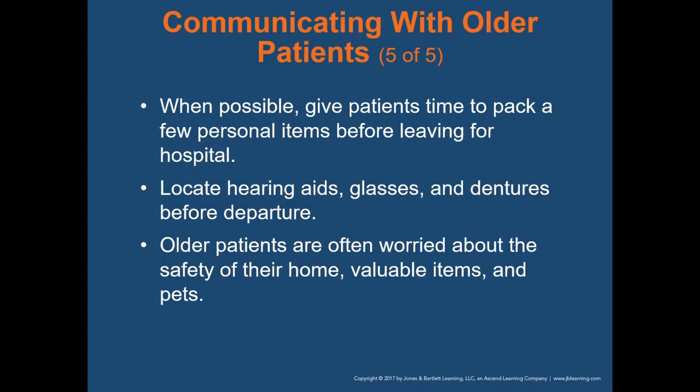Try and locate hearing aids, glasses, dentures, anything that will help them be able to communicate better. It really helps out, especially if they end up being in the hospital for some time and they don't have family around to bring them those things. Before, we were told to leave those things at their house or at the nursing home, because they're extremely important and we don't want them to get lost.